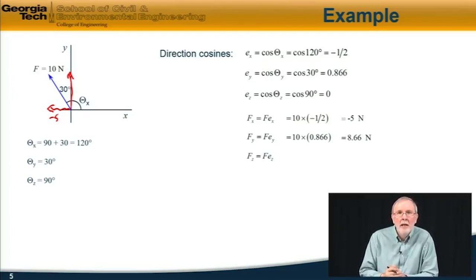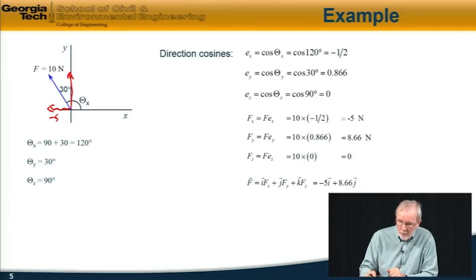And Fz, we can obviously tell, is going to be 0. 10 times 0 is 0. And we can also write the vector force in this way, in general, which is therefore equal to minus 5i plus 8.66j in this example.